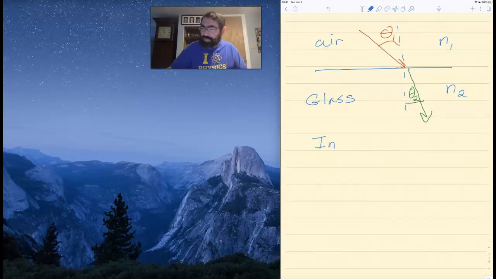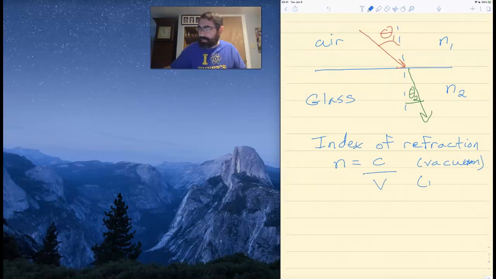So the index of refraction, refraction being a fancy word for how much light bends inside of a medium, is defined as the speed of light in a vacuum divided by the speed of light in a material.